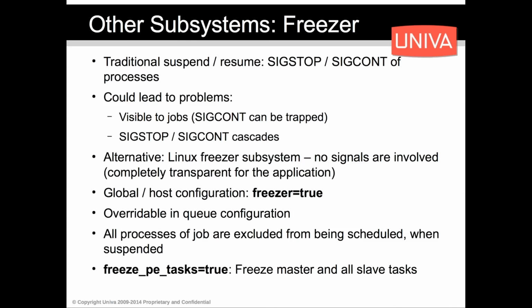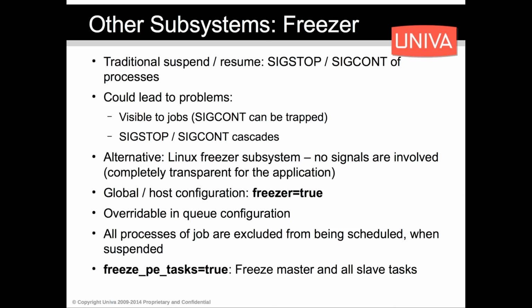This behavior is overridable in the queue configuration when you have applications which rely on specific signals, but on the other side you want to use the freezer subsystem. Then you can use a specific queue for such parallel processes, for example MPI processes, which usually catch a specific signal, the TSTP signal.